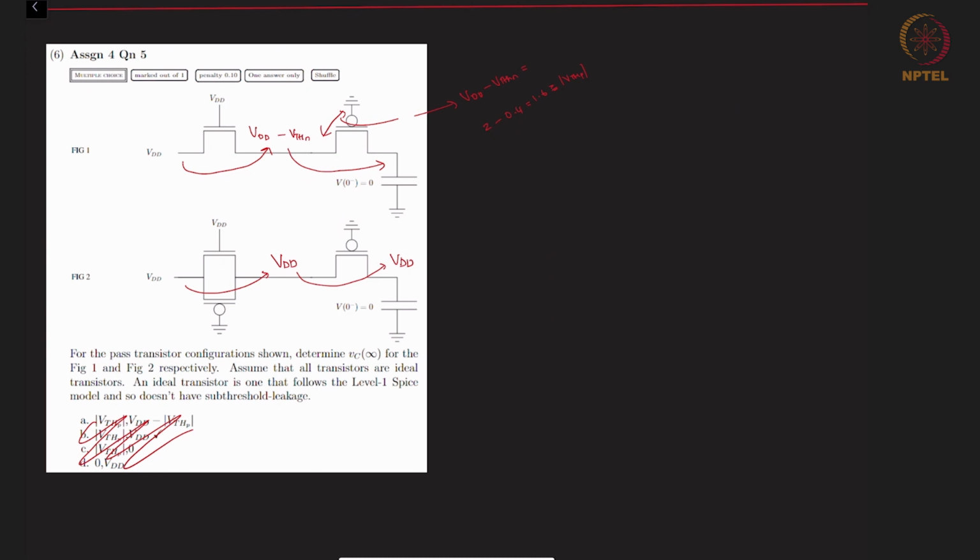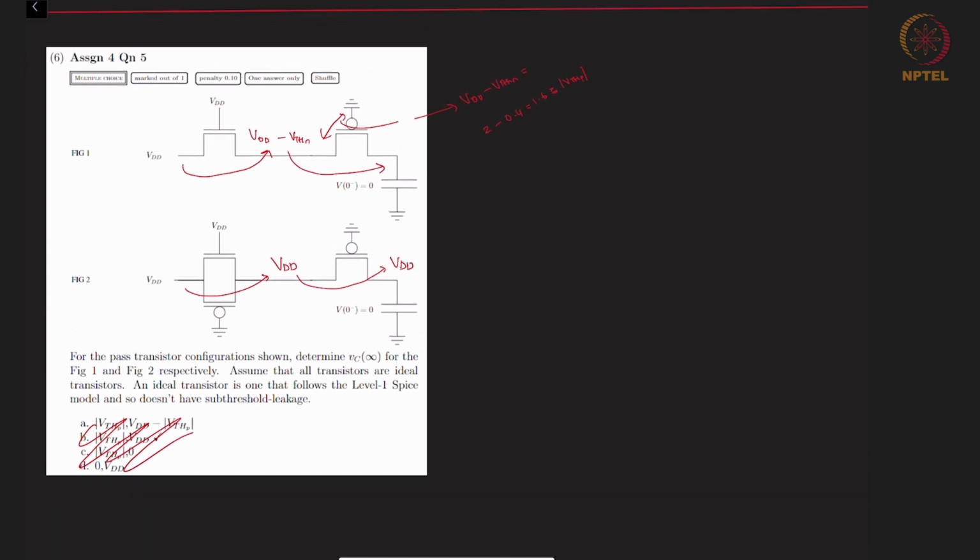Question 5 is about pass transistors. The rule is, if an NMOS is trying to pass logic high and it doesn't have any subthreshold leakage, it can only pass logic high up to VDD minus VTH, whereas PMOS obviously can pass logic high with no issues. Based on that, you can see the two situations and the final voltage that appears.